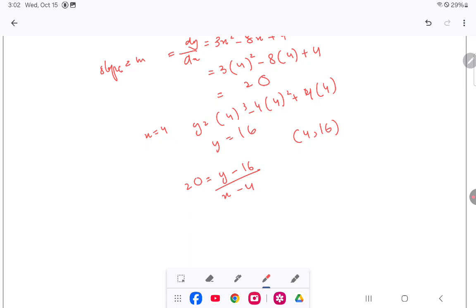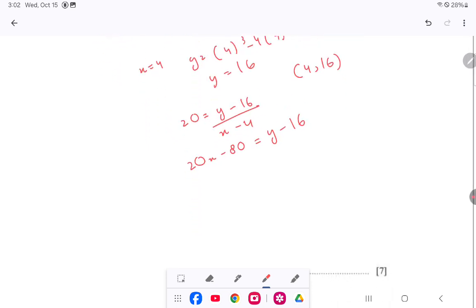I'm simplifying it further to get our line equation. 20 into x plus 4 into 20 will give you 80. Multiply both sides by x minus 4. y minus 16. Simplify it further. y is equal to 20x minus 64.